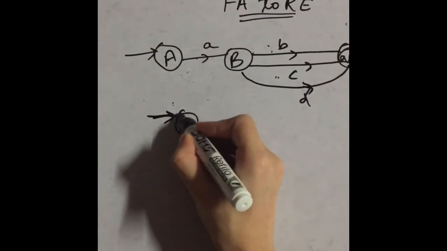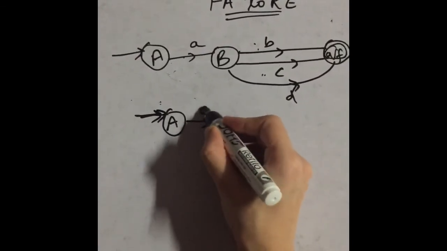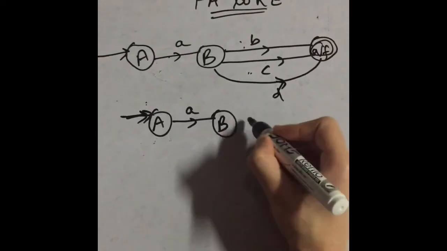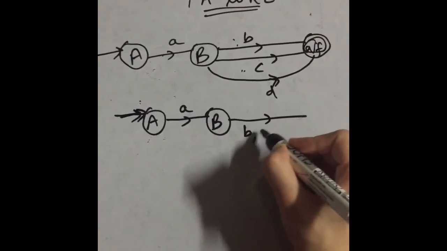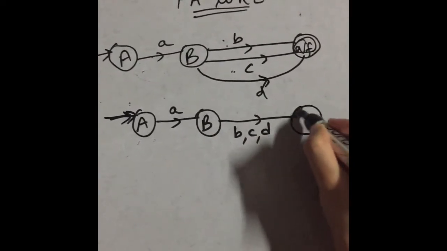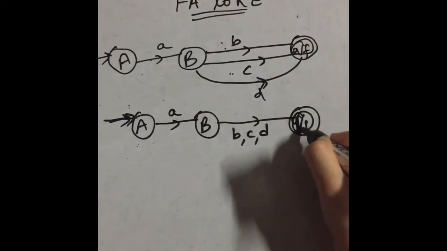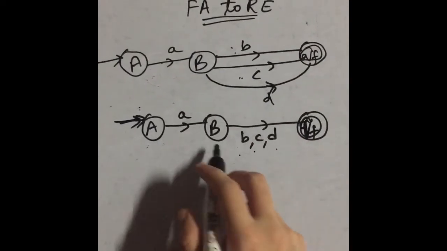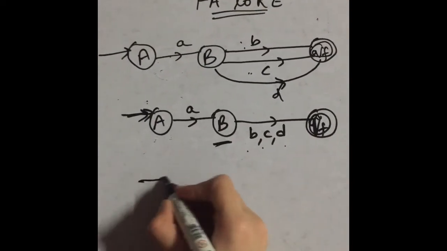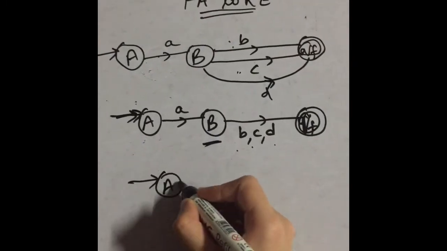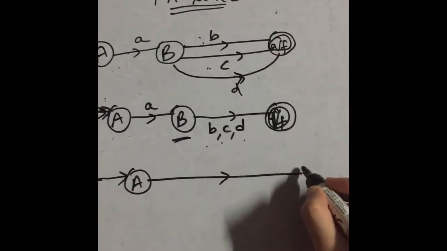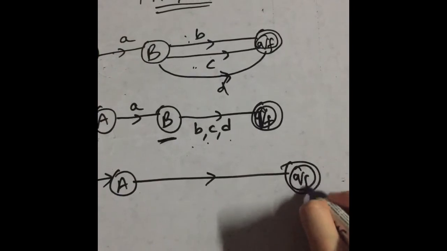So this is the initial state A, then B, and we can write it as b comma c comma d. It means either b or c or d. Now we easily remove b. How to remove b? From the initial state we want only the final state.